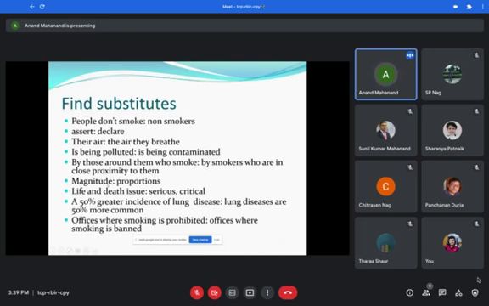Magnitude, proportions, life and death issue, serious or critical. Okay. And then a 50% greater incidence of lung disease. Lung diseases are 50% more common. Okay, offices where smoking is prohibited. Offices where smoking is banned instead of prohibited, banned. So such substitutes you have to apply, you have to think of and write. Okay, then it will be easy.